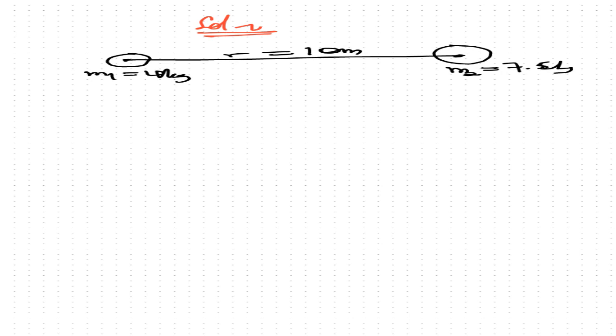And we have been given our G, the universal gravitational constant, as usual, to be 6.67 times 10 exponent negative 11.